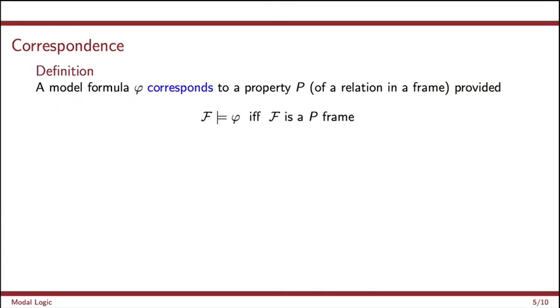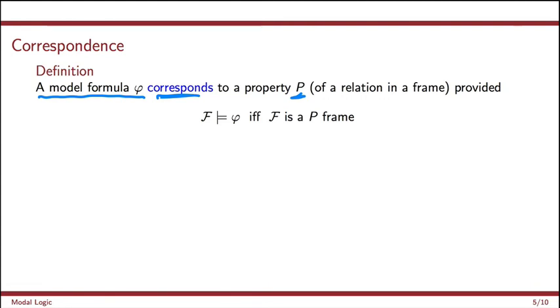All right, I'll say more about these properties in class, but what we're interested in is the fact, and this is really an amazing fact, a beautiful fact about modal logic, that modal formulas actually can define classes of frames. So we say that a modal formula phi corresponds to a property P of a relation in a frame.